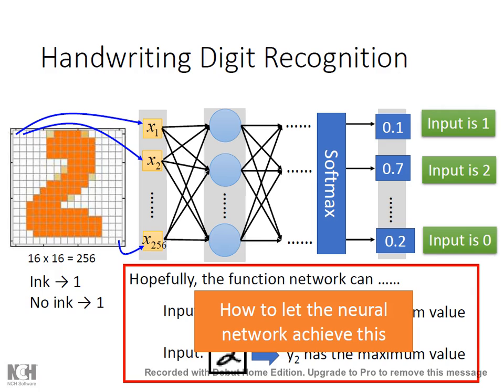So we add one more layer called the softmax layer. Now you produce a 10-dimensional vector here.